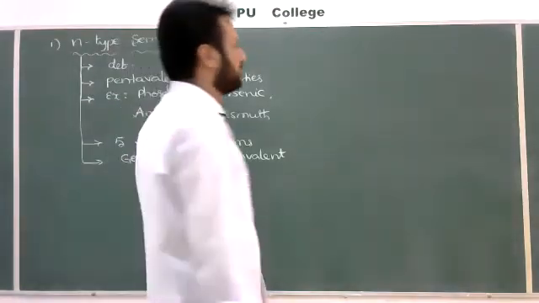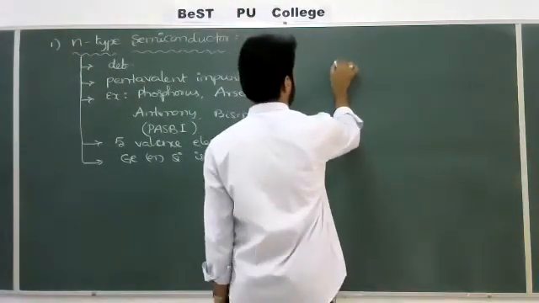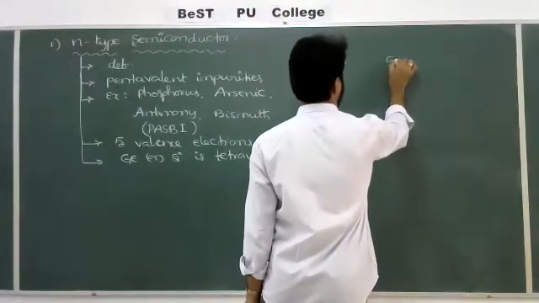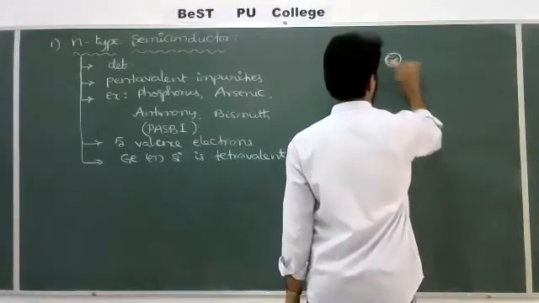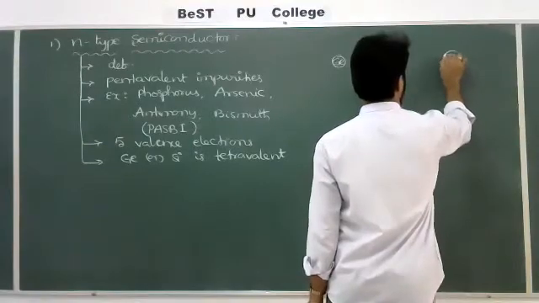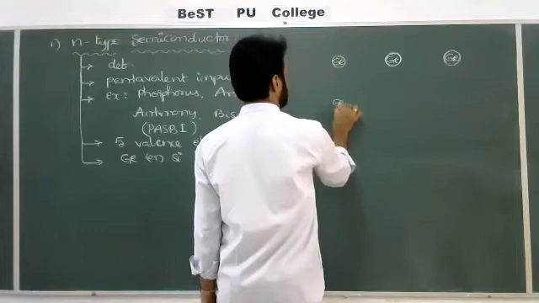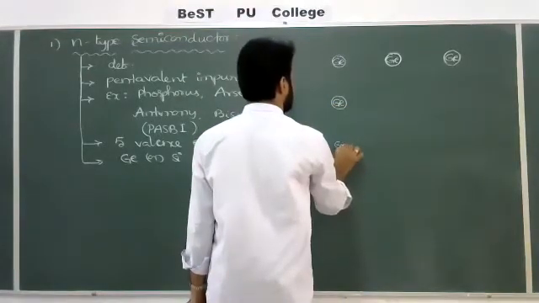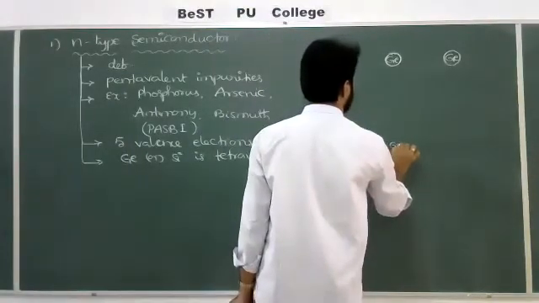Now how can we draw a bond structure? I'll take germanium or silicon atoms like this. So these are germanium atoms. I am choosing one germanium crystal, which contains germanium atoms. In the outermost orbit they contain 4 electrons.